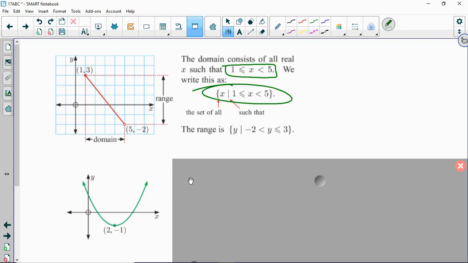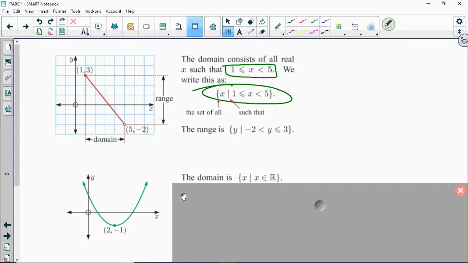Looking at the domain here, this seems to go on forever to the left and the right. So that means that the domain is all x values, and we actually have a few different ways that we can write this. So the first way, again, no need to write the x such that, etc. You can just write this here.